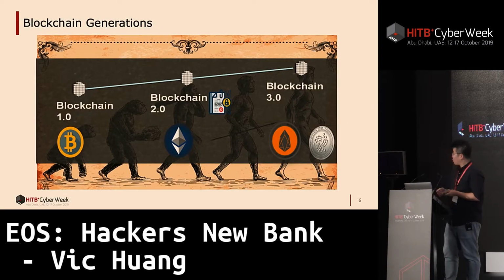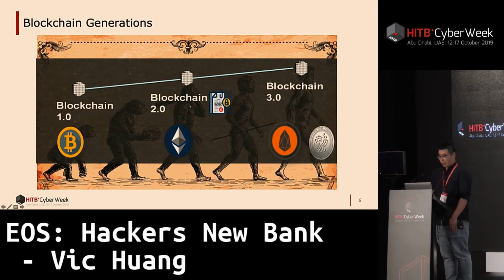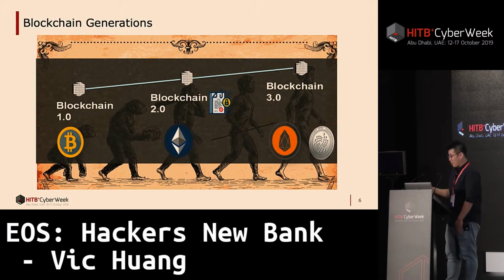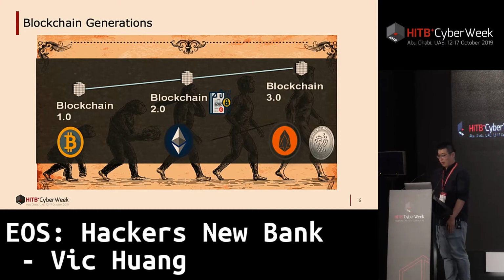We have three generations of the blockchain. The first generation began in 2014 when Bitcoin went online. At first, 10,000 Bitcoins could be exchanged for $2 of pizza, so the price was very low.